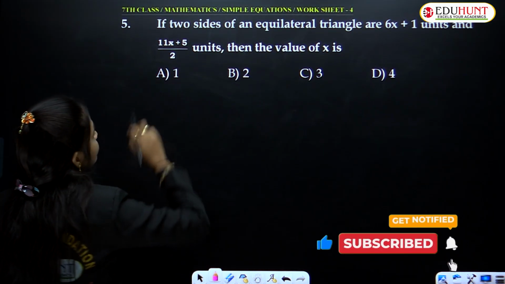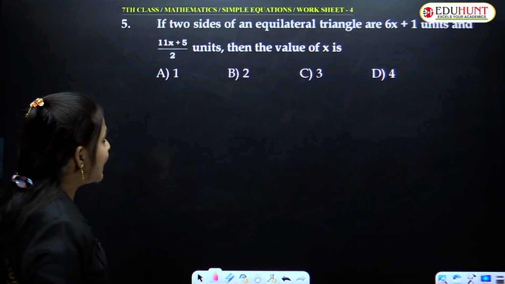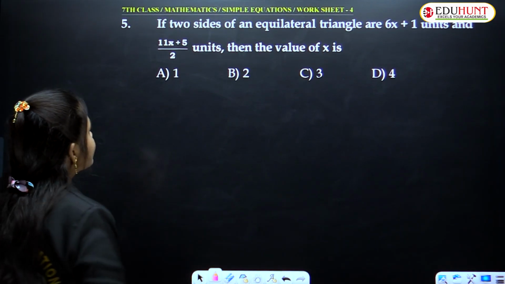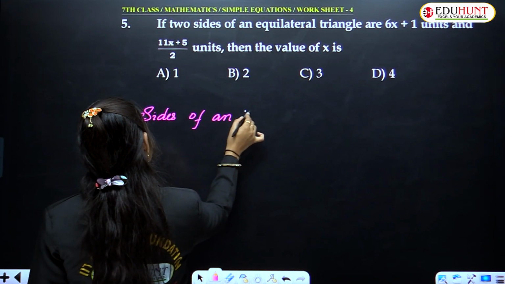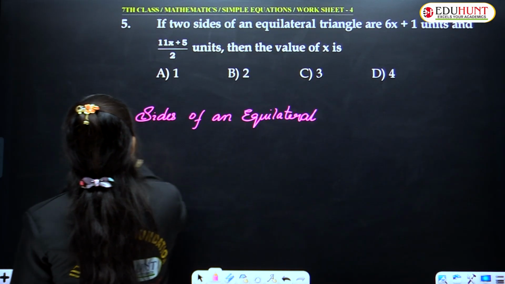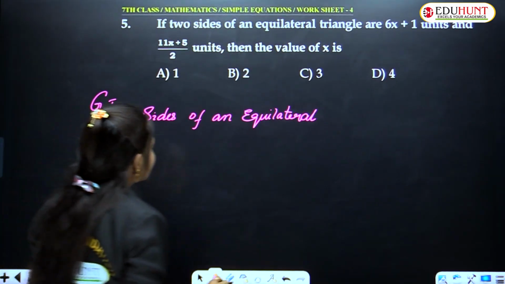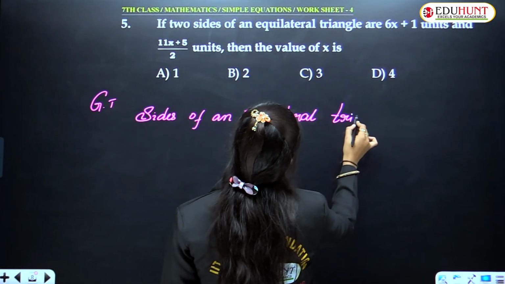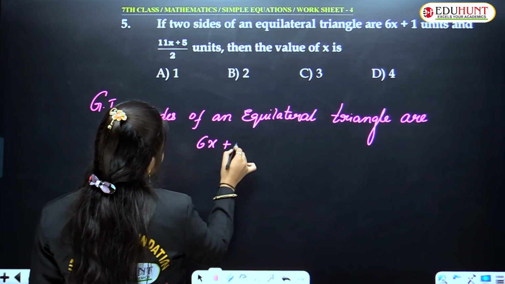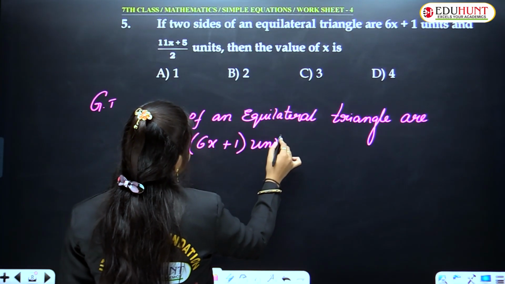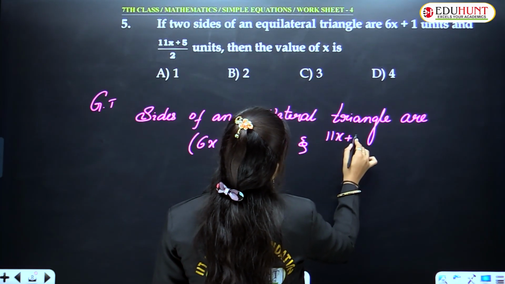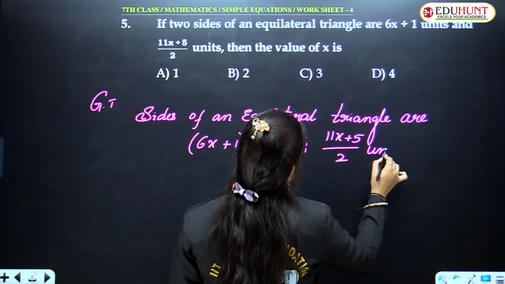Now here they have given that in an equilateral triangle, the sides are 6x plus 1 units and 11x plus 5 by 2 units.